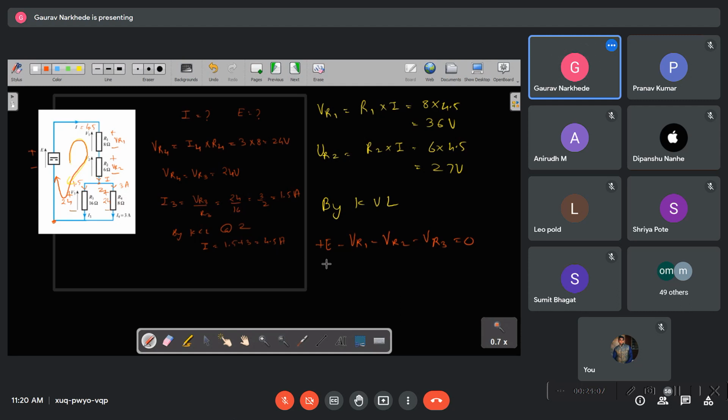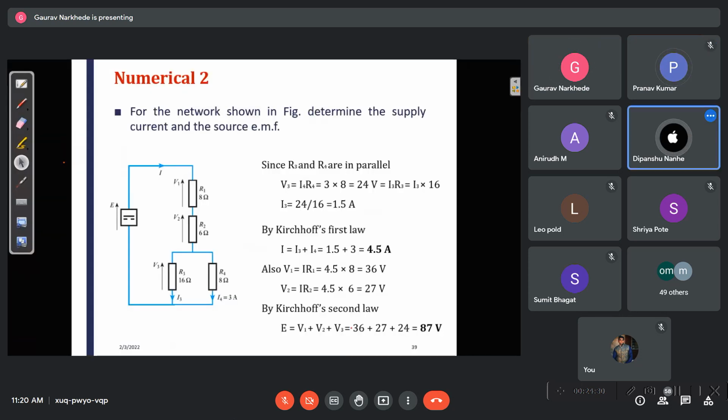Correct? E minus VR1, that is 36 volts, minus 27 minus 24 is equal to 0. So E is nothing but 87 volts. Is it correct? Yes, sir. So simple, isn't it?